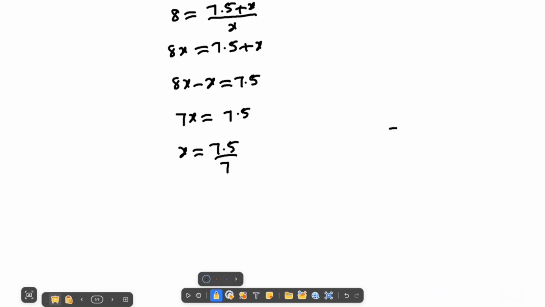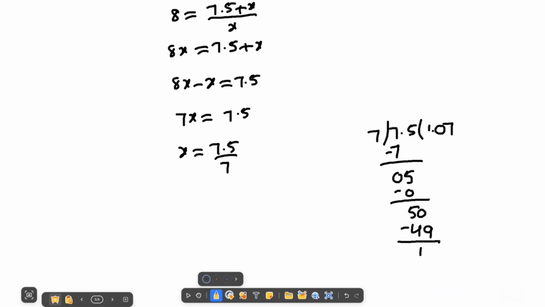So what do we get if we divide 7.5 with 7? 7 1s are 7. 0 is the remainder. If you put a point, you will get 5. 7 0s are 0. Now 50, 7 sevens are 49. So approximately you will get X is equal to 1.07 meters.